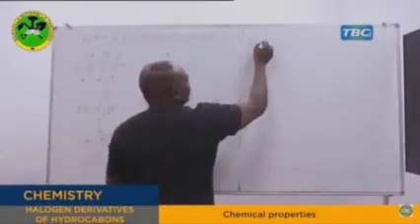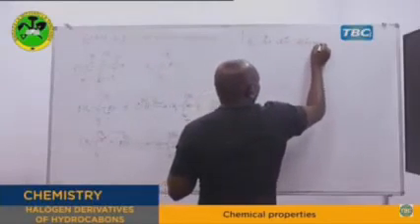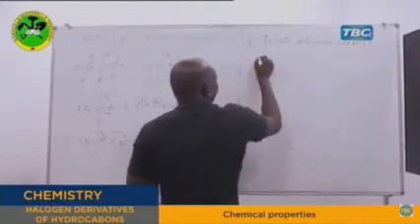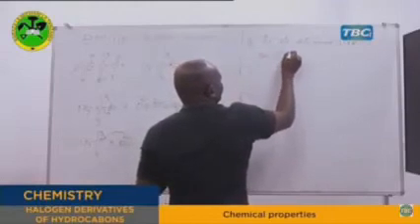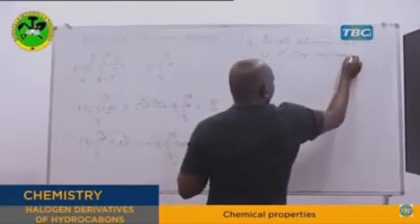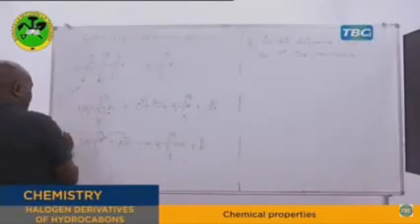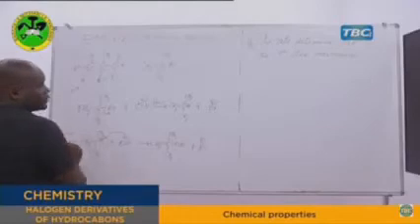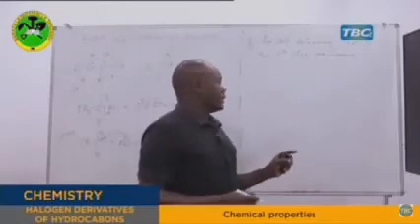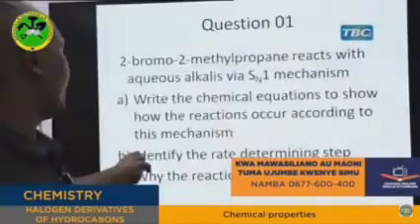So the rate determining step is the first step of the mechanism. Let's say this is the first step reaction, and this is the second step reaction. To determine the rate determining step, you consider the slowest reaction, and the second one is fast. So that is the answer for the second part.